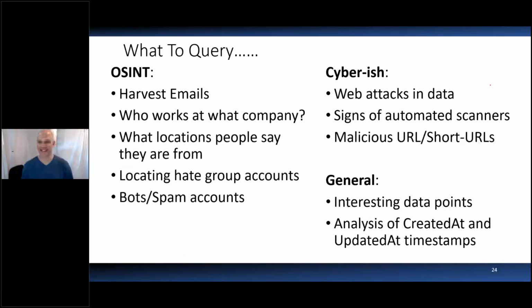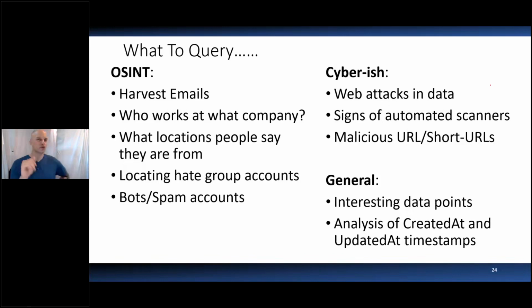And then from a cybersecurity side, I started thinking as a web app hacker, because that's some of the things that I did in my past. What if somebody ran automated tools against GitHub, like in a bug bounty program, and accidentally created accounts? Could we find that?